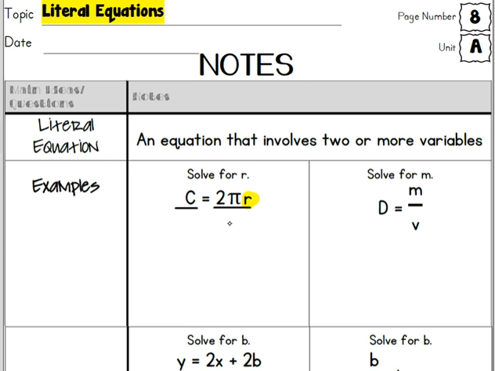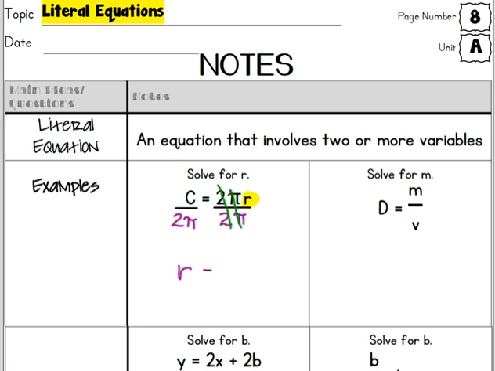So we're going to divide by 2 pi on both sides. That will eliminate the 2 and the pi, so we're left with r, which is our goal because we wanted to get r by itself.